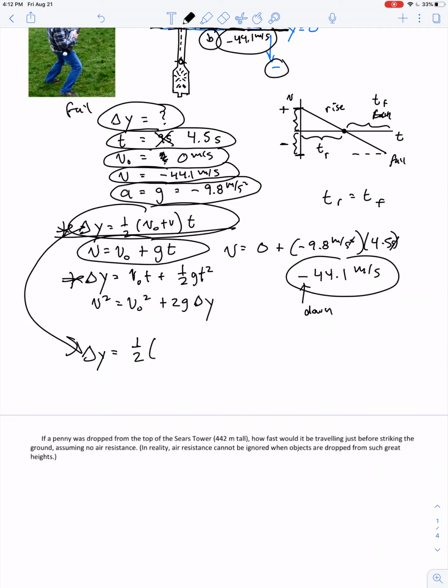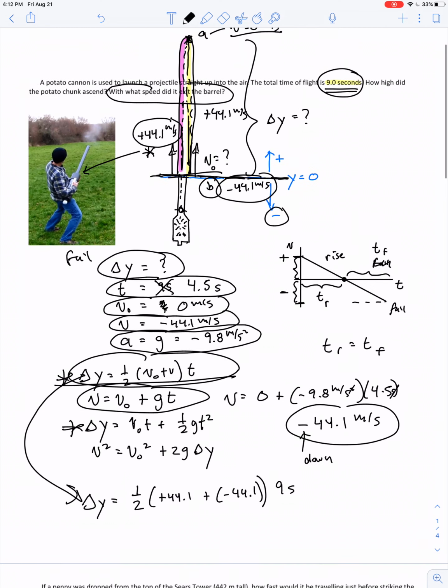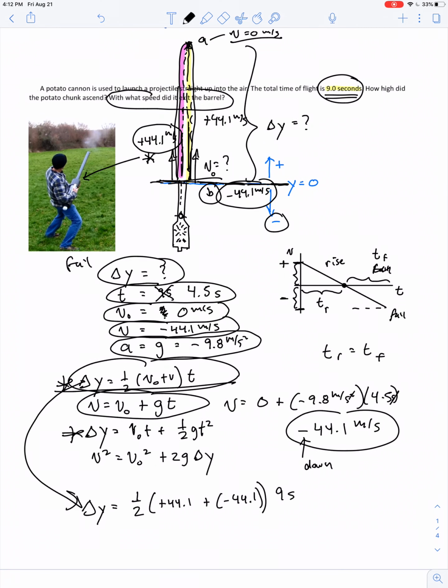We'd get 1/2 times positive 44.1 plus negative 44.1, and then we'd multiply all of that by 9 seconds. Takes a total of 9 seconds in the air. 4.5 seconds to rise, 4.5 seconds to fall, 9 seconds overall.